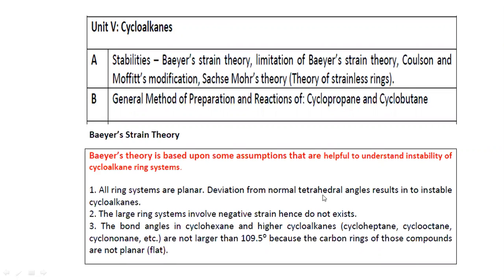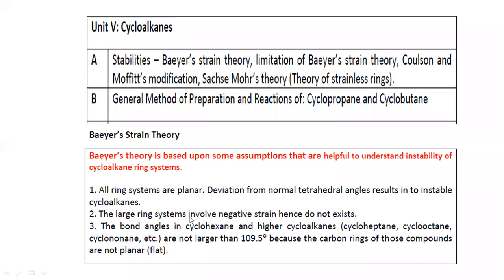Deviation from the normal tetrahedral angle results in an unstable cycloalkane. The larger ring systems involve negative strain, hence do not exist. So these are the features. We'll discuss individual features in detail in coming slides.